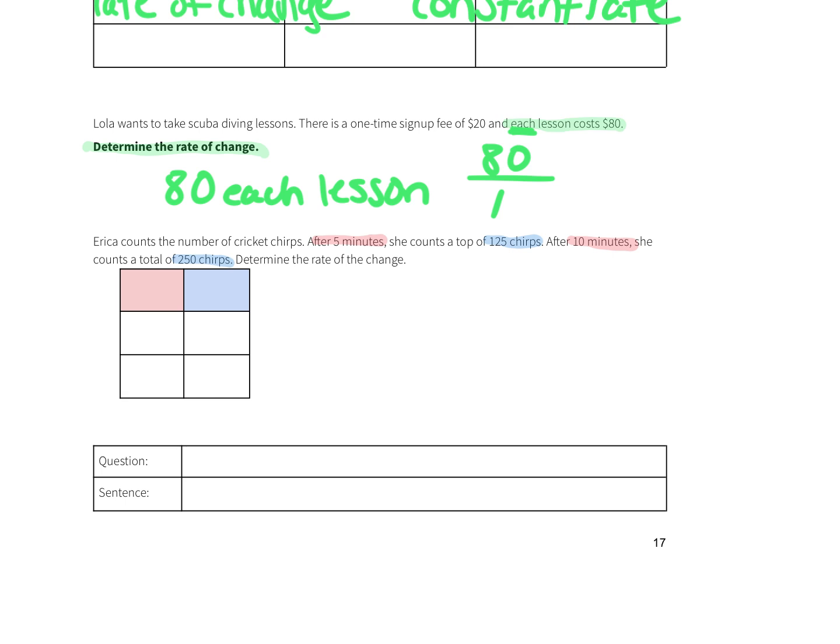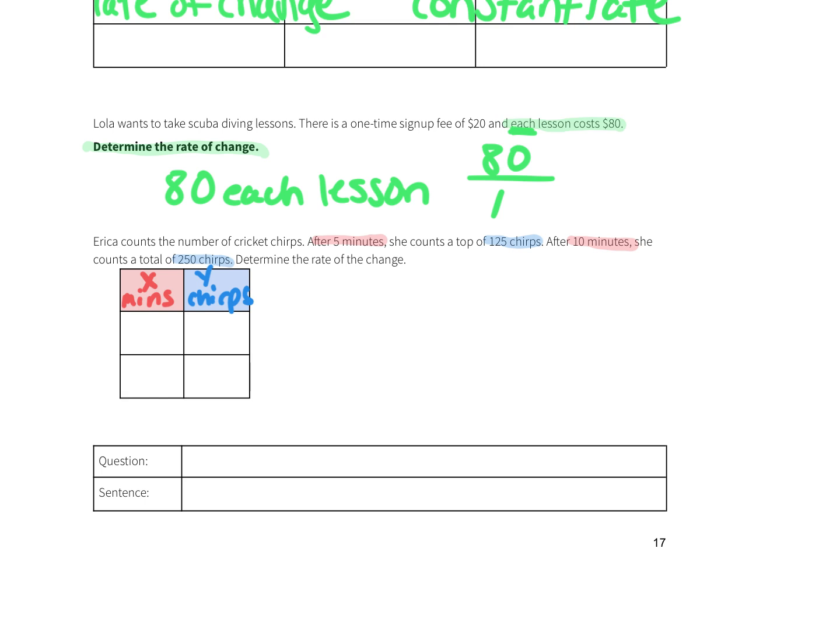Now, to find our rate of change or slope, we're going to need to put this information into our table. So we are comparing minutes and chirps. So I have X, which is my minutes, and I have Y, which is my chirps.